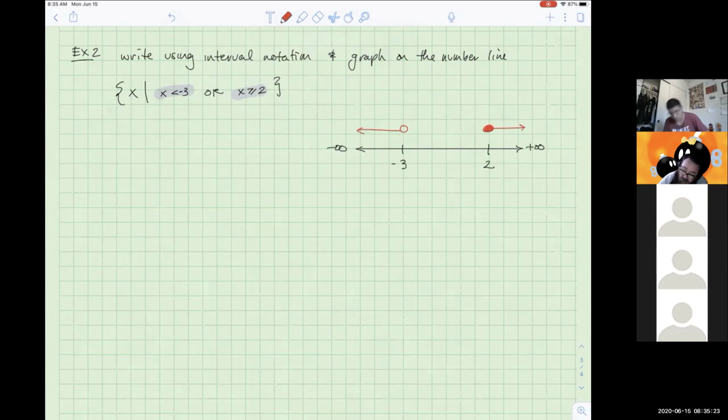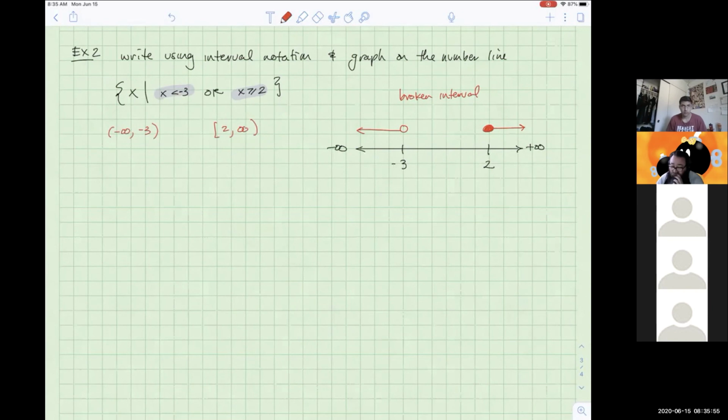And this is what's called a broken interval, because it's actually 2 different intervals together. So this first interval is negative infinity up to negative 3, but not including negative 3. And the second interval includes 2 and then is all numbers greater than 2. So this is the interval negative infinity to negative 3 together with 2 to infinity.